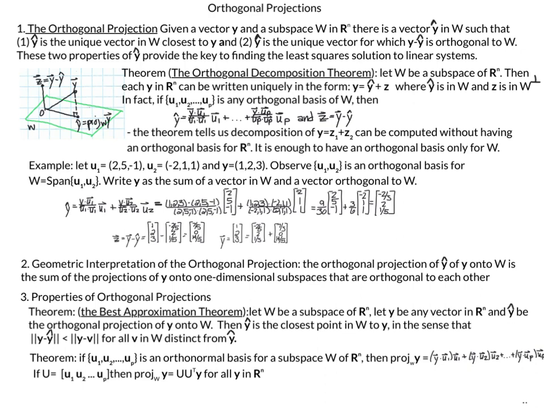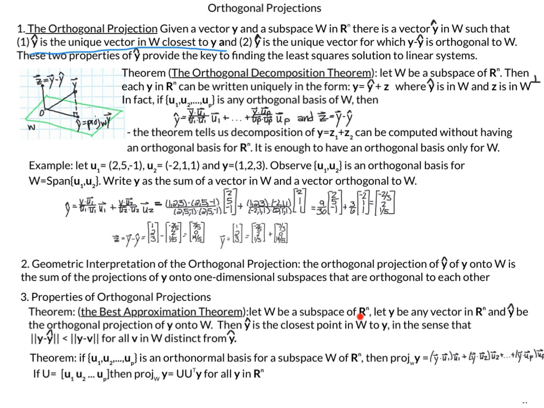Okay, now we're ready to look at properties of orthogonal projections. We've had this theorem that told us how to find this y hat and z of our original problem, but I haven't talked about this claim here, that y hat is the unique vector in W closest to y. That's exactly what we have here. It's the best approximation theorem.